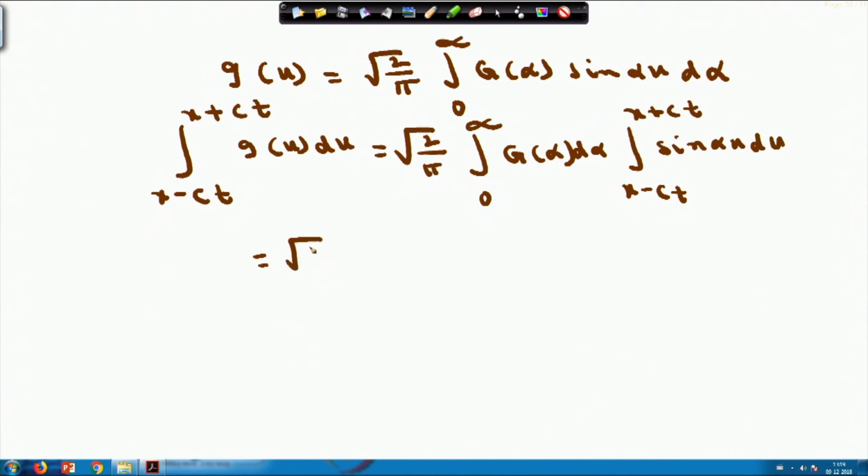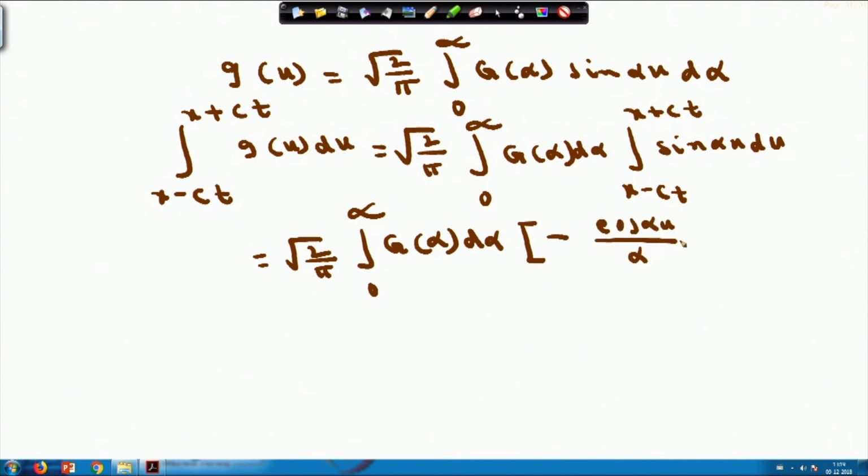So, this equals root over 2 by pi, integral from 0 to infinity, the first integral will remain the same, G alpha d alpha, whereas for the second integral, minus cos alpha u by alpha is there, where the integration will be from x minus c t to x plus c t.